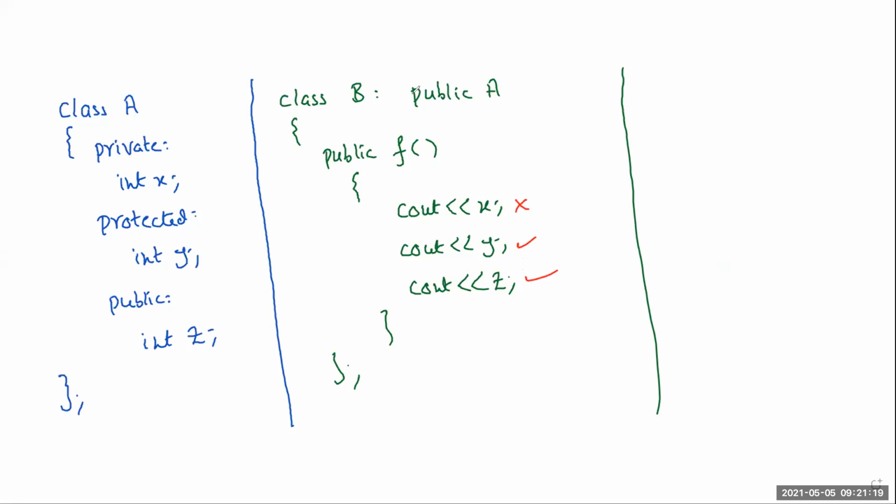Now suppose instead of public, I write private here. Now can you tell me what will change? In this case, do we still have the same situation or will something change? What do you think? Please let me know.